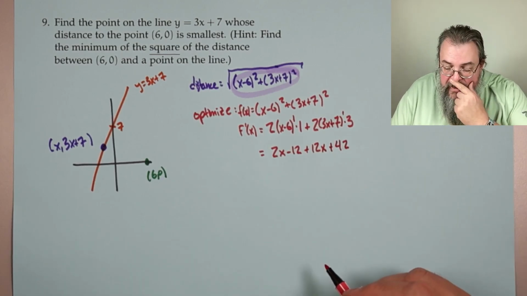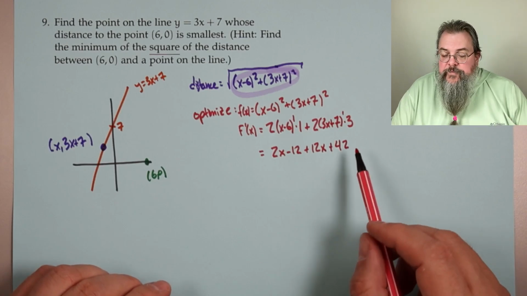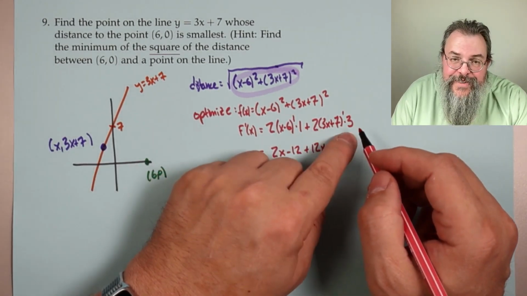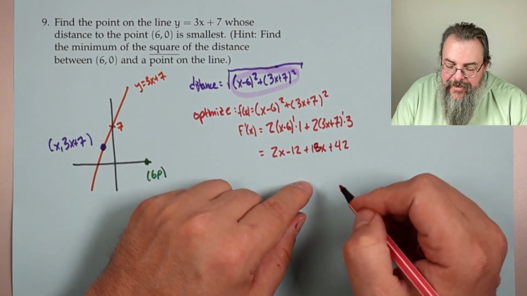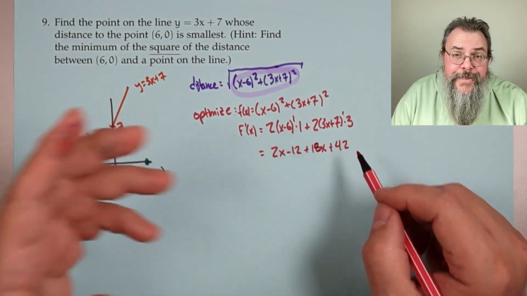2 times 3 is 6 times 7 is 42. Let's see, is that right? Yeah, good. All right. Oh, wait. 2 times 3 is not 12. 2 times 3 is 18. Yes, there we go. Something felt off. You know, check yourself.